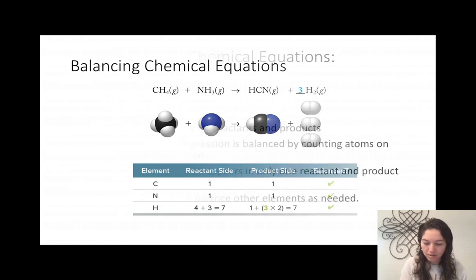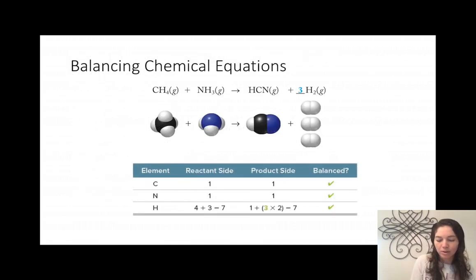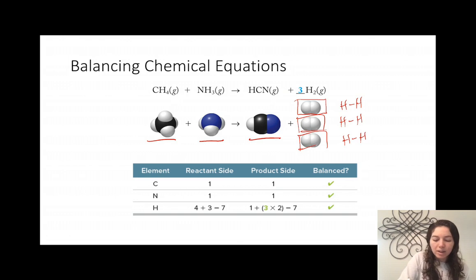All right. So this is what I showed you here. We have one of these molecules, and 3 of our hydrogens. So H, H, H. These little numbers here indicate what is inside of the molecule, and we cannot change the identity of the molecule.